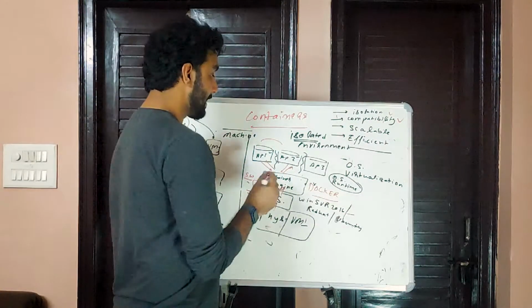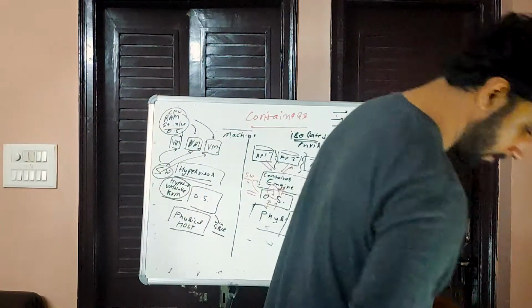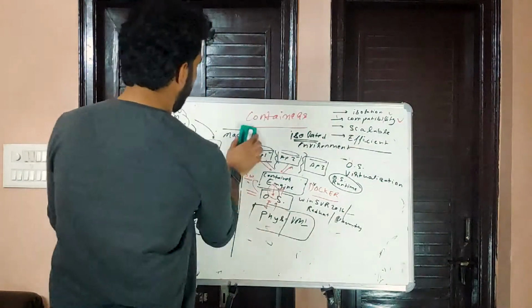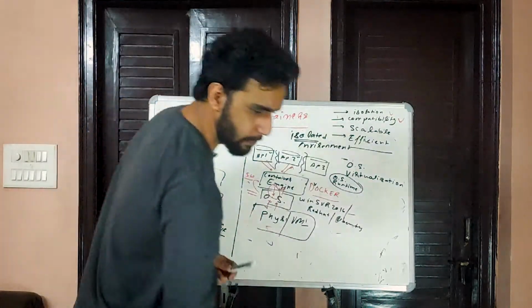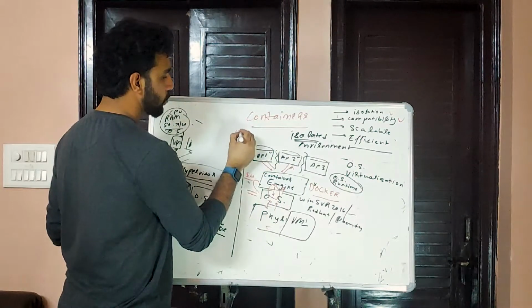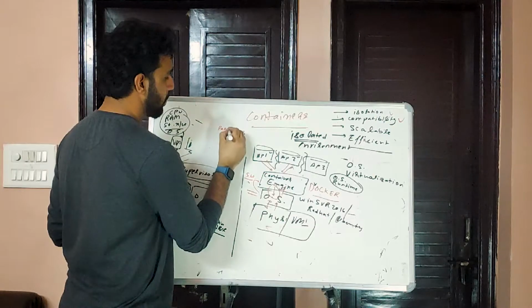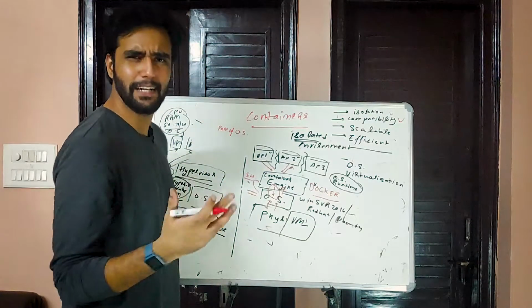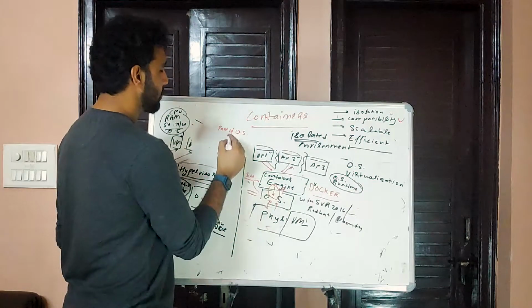And other than this, each application right here, let me clear the board a little bit. So other than this, when you're talking about these applications, each application would have its own part of the operating system, right? Let's call it, for the lack of a better word, its part of the operating system.